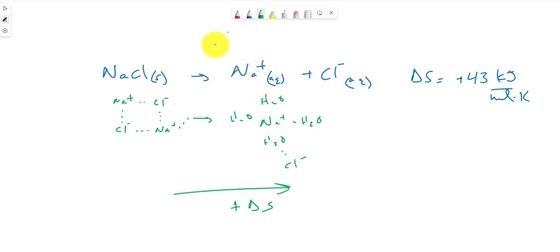I say this is generally true for most simple ionic salts like this, but it's not always true. And the reason it's not always true is because this is also an ordering process. Anytime you're forming a hydration sphere around these ions in solution, you are putting them in a position that is not random. Specifically for something like sodium, it turns out that there's about 6 of these water molecules that form sort of like a hexagonal structure.